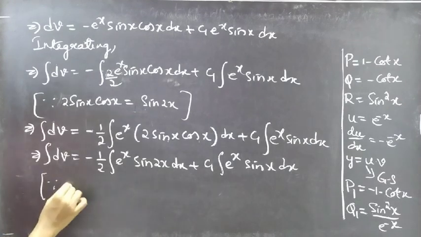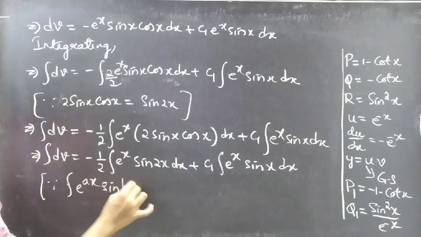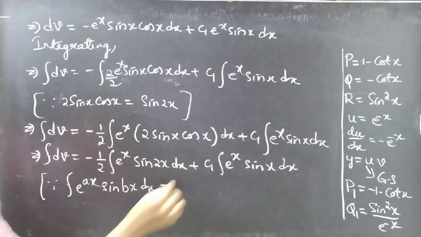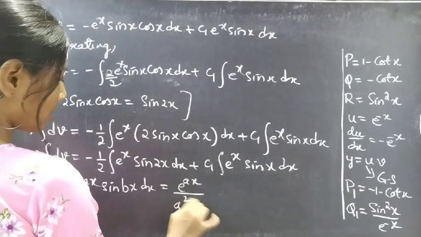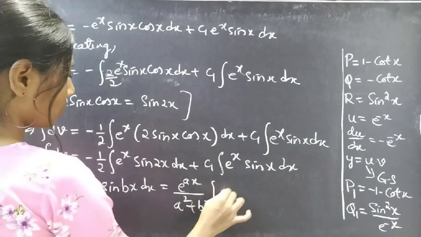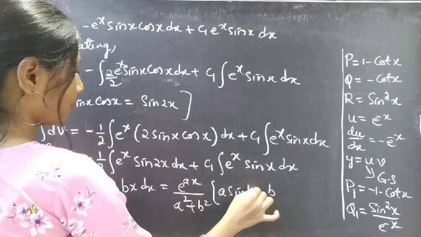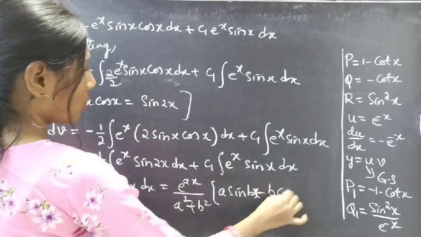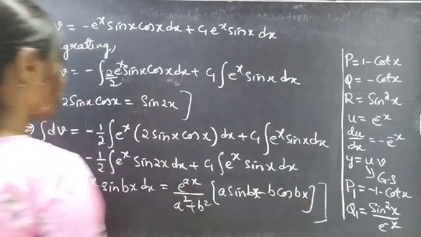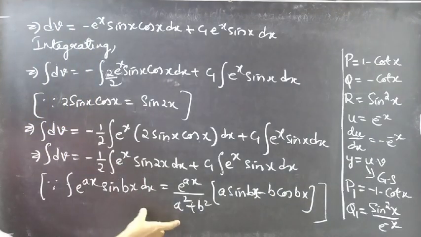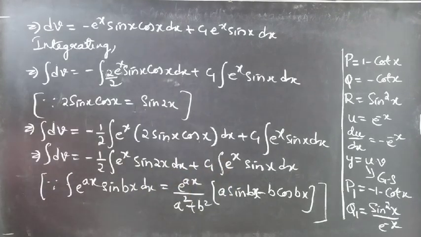Since we know that integral e^(ax) sin bx dx equals e^(ax) by a squared plus b squared into (a sin bx minus b cos bx), we'll apply this formula to these two integrals.